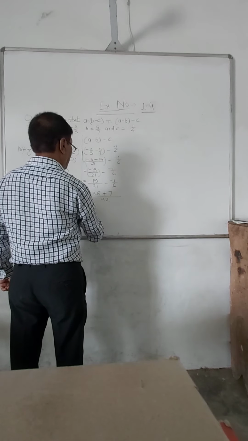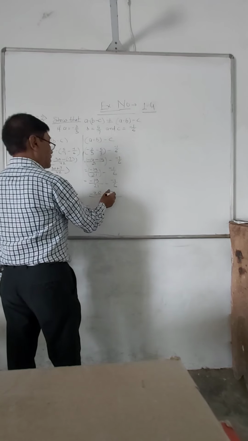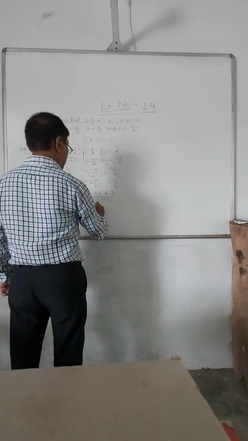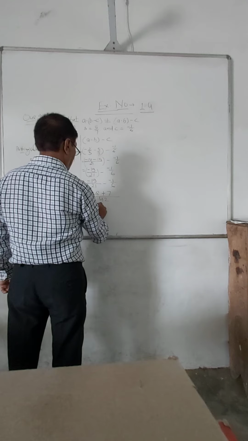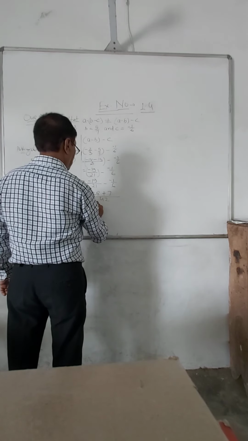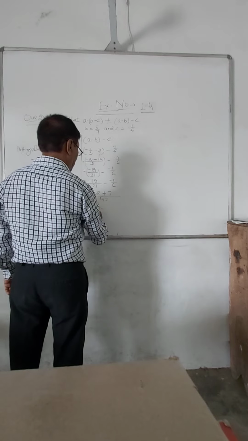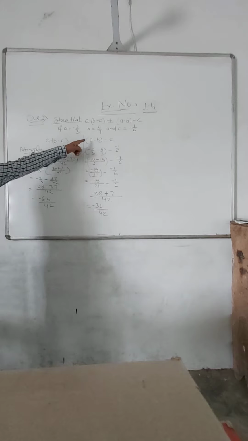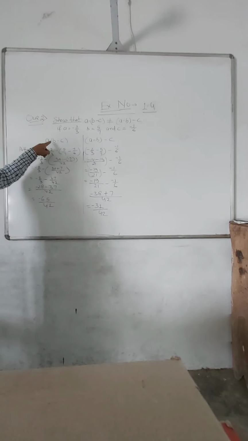So it is coming 38, subtract 7 from 38. Minus 31 upon 42. Here this value is coming this much and this value is coming this much.